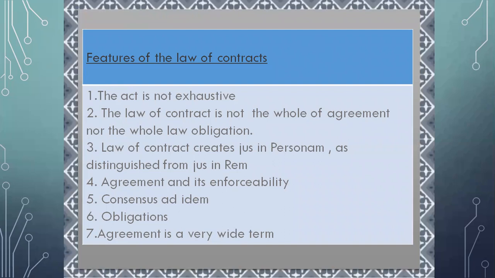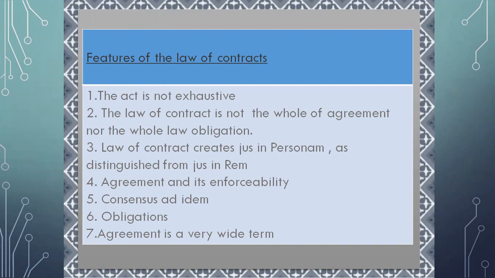Fifth, consensus ad idem. What is consensus ad idem? It is a phrase which means that agreement is the meeting of the minds of the parties in full and final agreement, right? So we can call it meeting of minds.